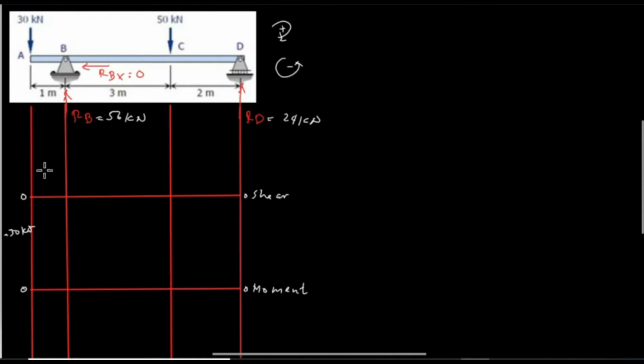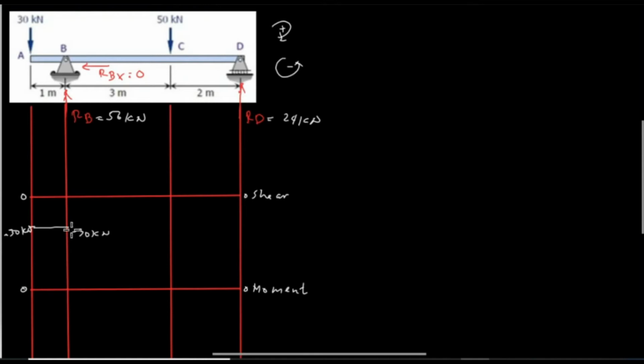Therefore, the value of shear from A to B is the same as at point A, which is negative 30 kilonewton, and will produce a horizontal line, and this is also negative 30 kilonewton at point B, which means from A to B the shear force value is negative 30 kilonewton.